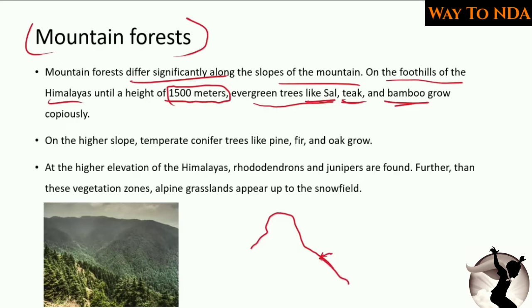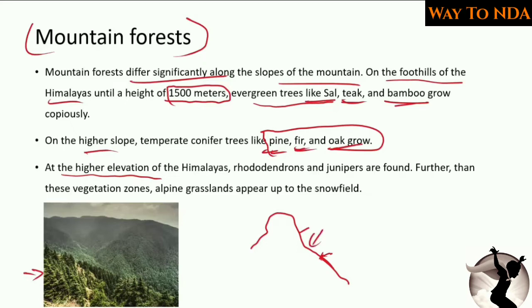But as you go higher on the higher slope, the temperate coniferous trees like pine, fir and oak grow. ठीक है, पाइन, फिर और ओक ये टाइप में, that is the coniferous. और higher elevation में जैसे आप यहाँ पर जाओगे, पाइन, फिर और ओक ये टाइप के फॉरेस्ट मिल जाएंगे.